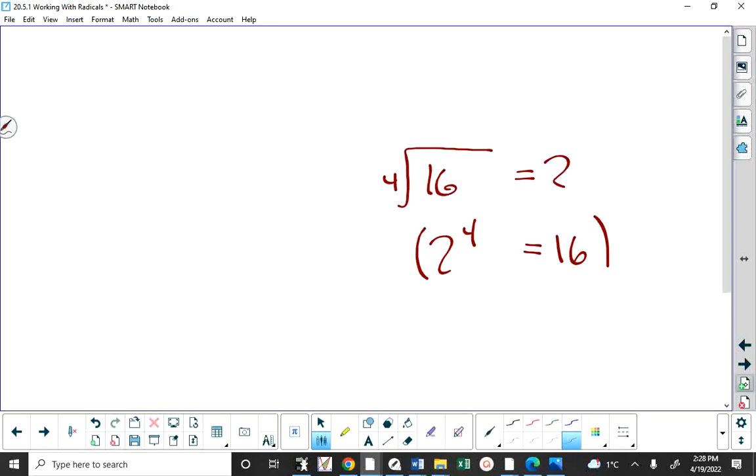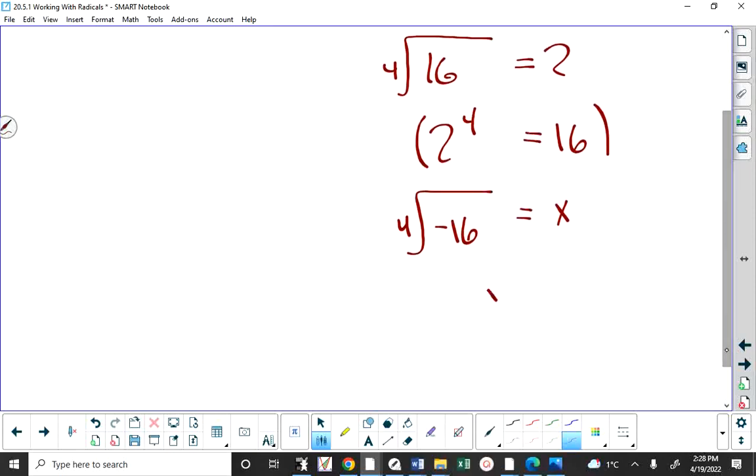But if I say to you, what is the fourth root of negative 16? I am asking you to come up with a number that if you were to raise to the 4 would give you negative 16. And as Will points out, that's an impossibility because you have an even number of things being multiplied together. All the negatives would cancel.